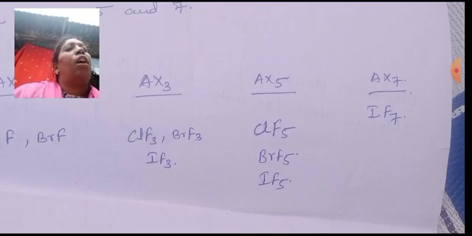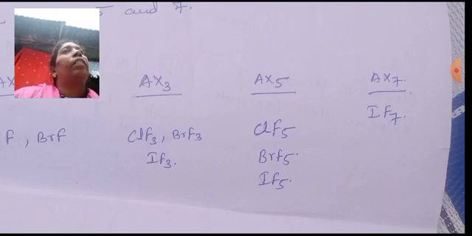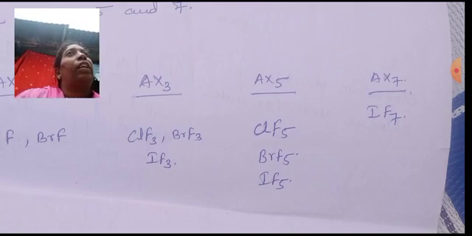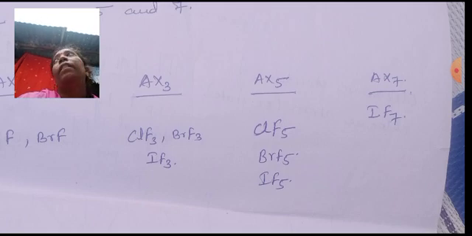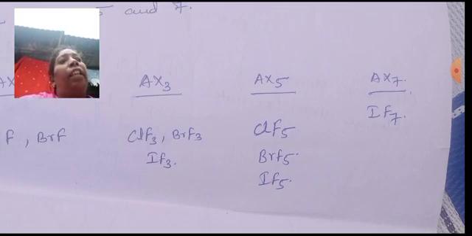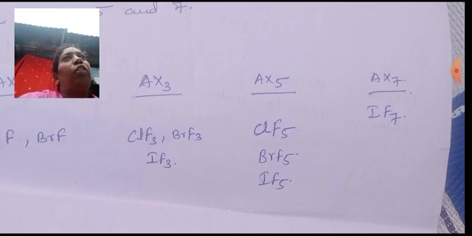In the third excited state, the s orbital pair of electrons will jump into the d orbital. As a result, totally 7 unpaired electrons are present, and these 7 unpaired electrons will combine with the 7 electrons of fluorine, forming sp3d3 hybridization.